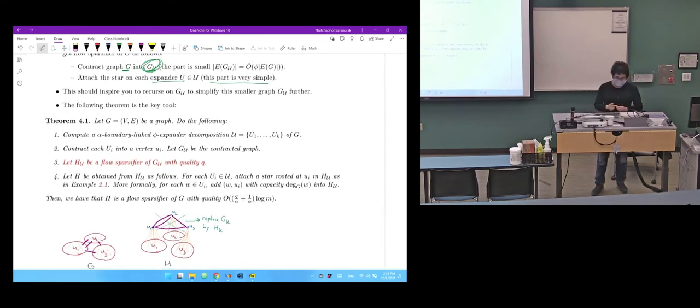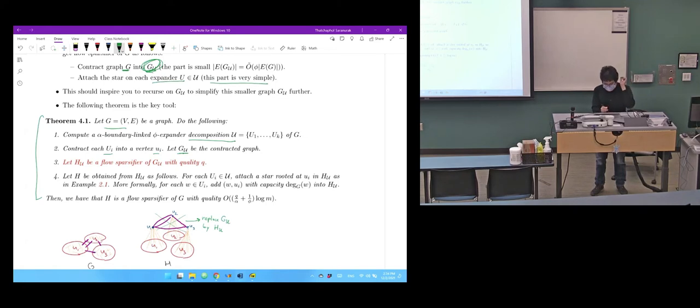So the following theorem is going to be the key tool, because it allows us to do recursion. It's almost the same. You have a graph, you compute the decomposition, and for each part you contract again, you get GU.